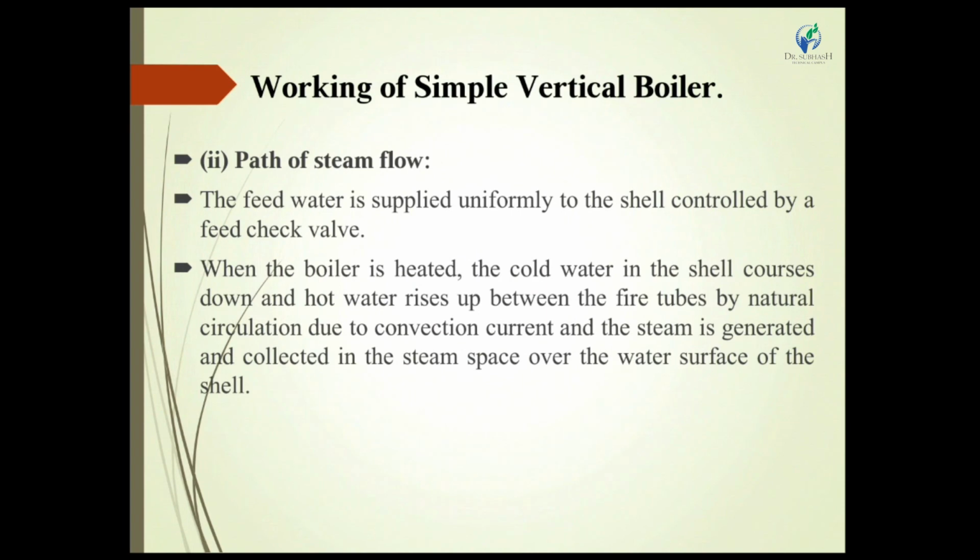When the boiler is heated, the cold water in the shell passes down and hot water rises up between the fire tubes by natural circulation. Due to the convection current, steam is generated and collected in the steam space covering the water surface of the shell.